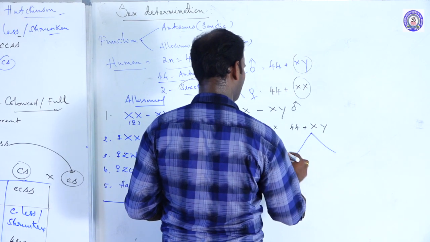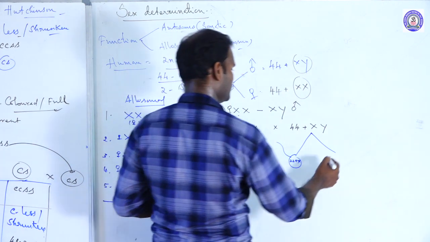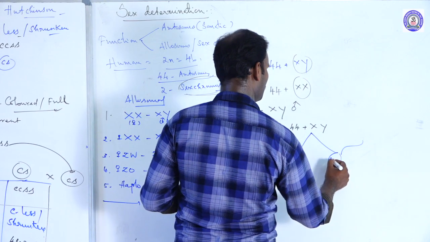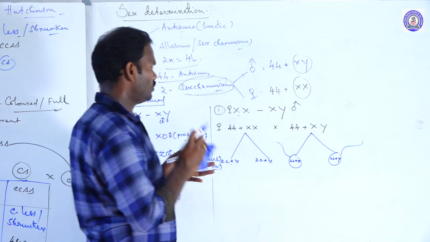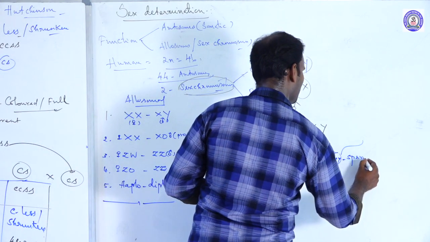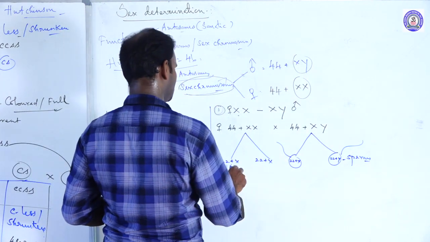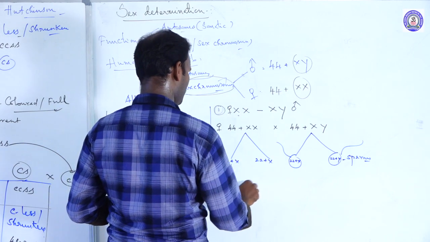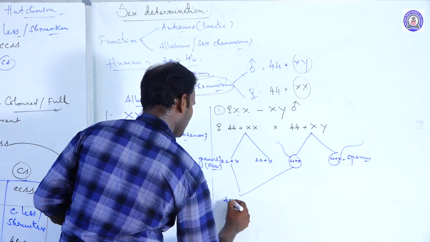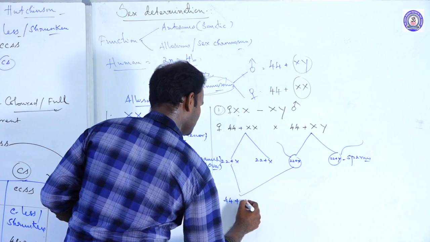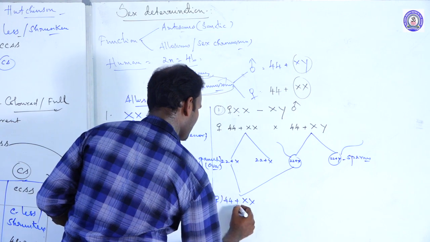In the first sperm, 22 plus X. Second sperm, 22 plus Y. So there are two different types of sperms in this type of sex determination. If the female gamete fuses with the male sperm, 22 plus 22, 44 plus X plus X. So the offsprings are female, XX.